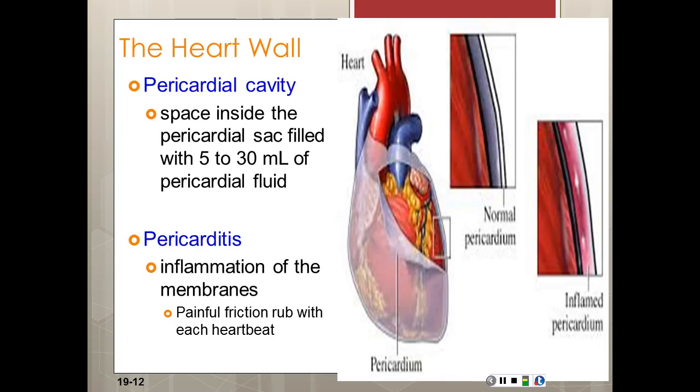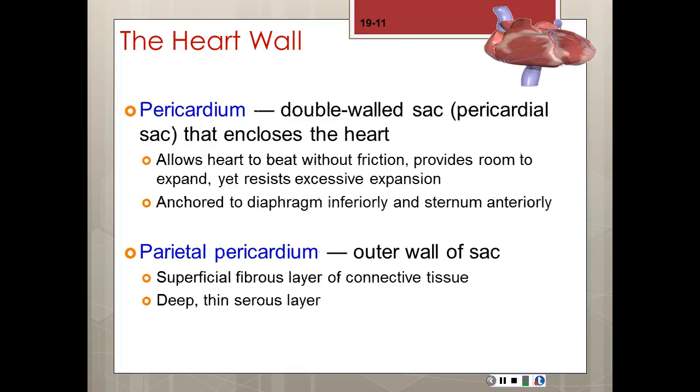Now the serous layer turns inward at the base of the heart to form the epicardium, which is also called the visceral pericardium, that covers the heart's surface. Now the pericardial sac is anchored by ligaments to the diaphragm and the sternum, and by fibrous connective tissue to the mediastinal tissue.